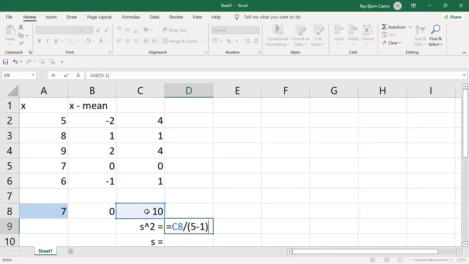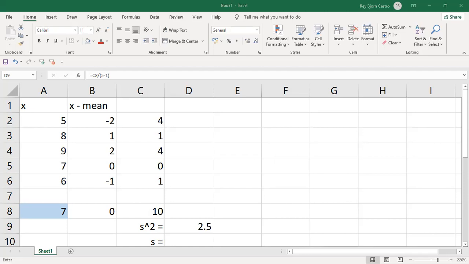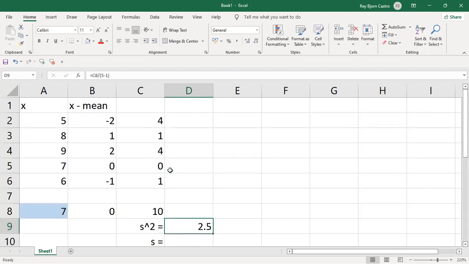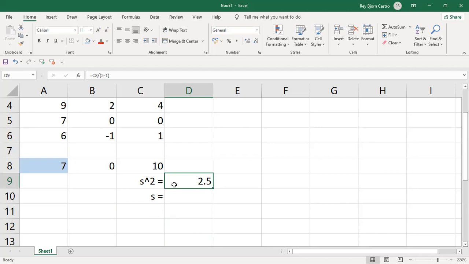Ano kaya ang result? 2. Sumagot ba si Octaviano ngayong araw na to? Okay, hindi pa. So Octaviano is correct. So it must be 2.5. Lastly, to solve for the standard deviation, you get the square root of 2.5.